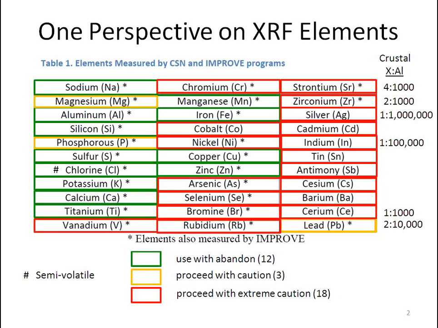Some of those elements over on the right-hand corner, I put in the ratios of crustal element to aluminum, or the element in the Earth's crust to aluminum, just as kind of a reference. An interesting one might be silver. It's sort of like the platinum group elements in that you can't even measure it with ICP-MS unless you pre-concentrate the sample. But it's on the list.